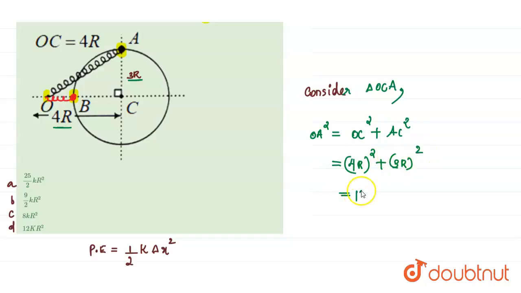So we get 16R square plus 9R square, which is 25R square. Taking the square root, OA is equal to 5R. So the length of the spring in the initial case is 5R.